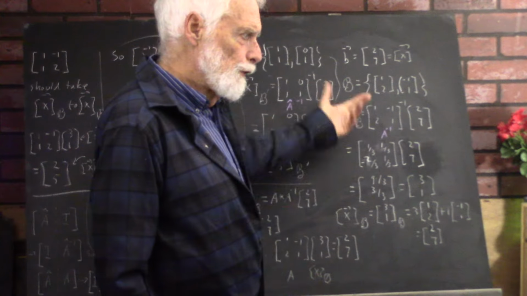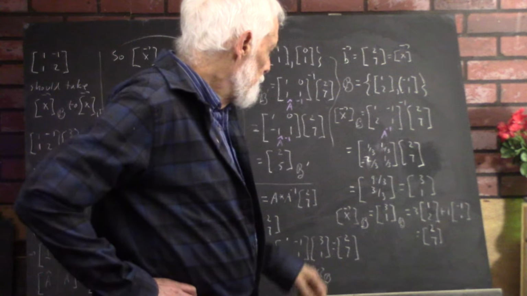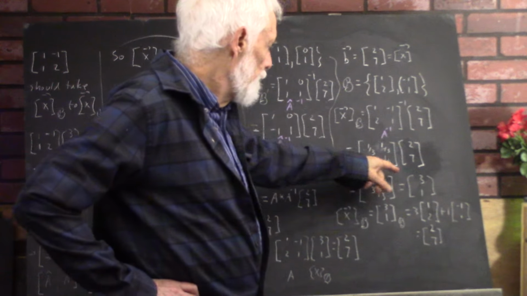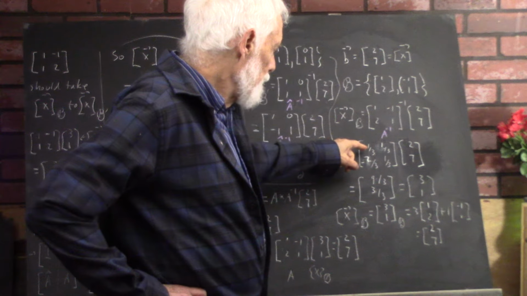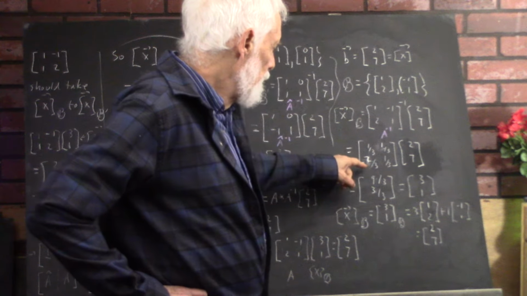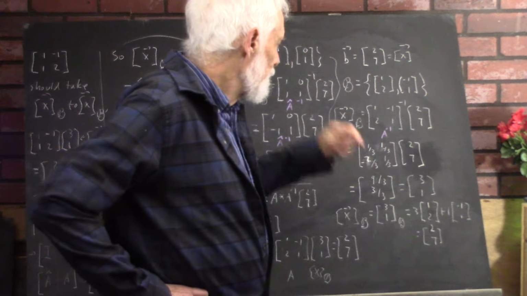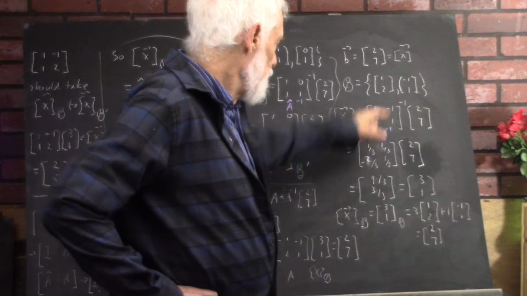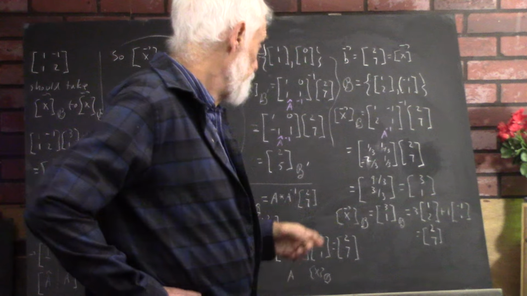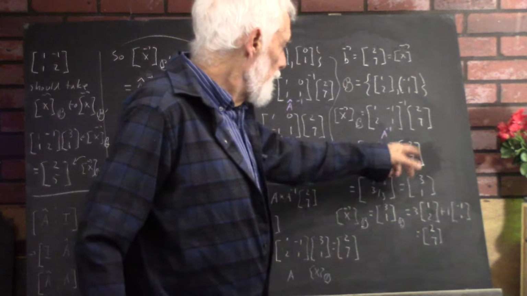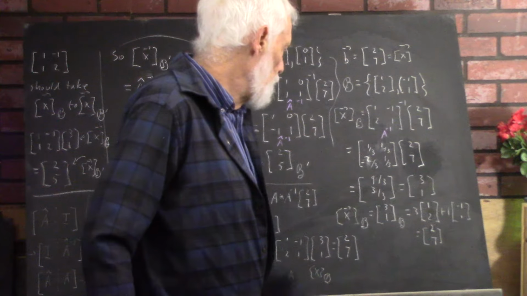And that only works for 2 by 2 matrices. So anyhow, here's the inverse. It might be a little hard to read: 1/3, 1/3, negative 2/3, 1/3. Just changing the signs on that secondary diagonal. Okay, we multiply this by 2, 7, we get 3, 1.